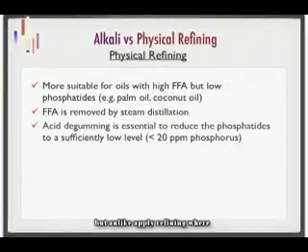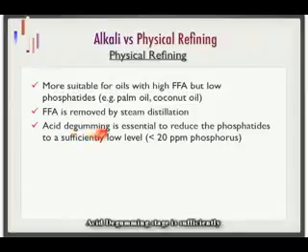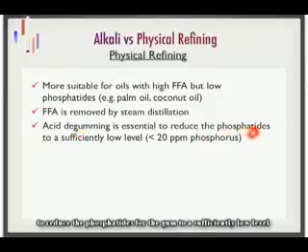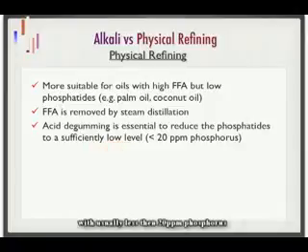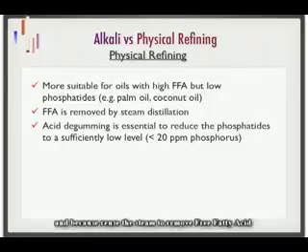But unlike alkali refining, where the degumming step may not be necessary, in physical refining the degumming step is very, very important. For example, we can use the acid degumming step to reduce the phosphatides, or the gum, to a very low level, usually less than 20 ppm phosphorus.